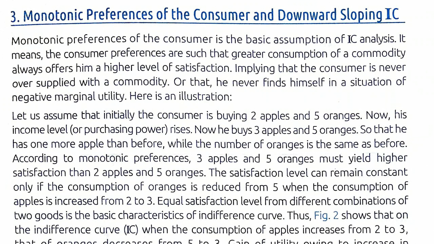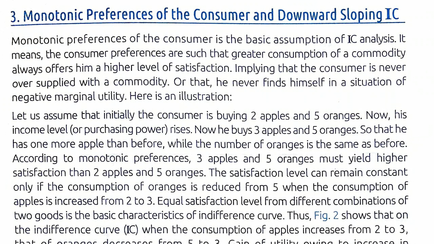So every time you observe that the consumer is sacrificing some units of oranges to have 1 unit of apple. You will not observe in this that he is sacrificing apples and then increasing the consumption of oranges, and that is why it is called monotonic. Monotonic means of same type.